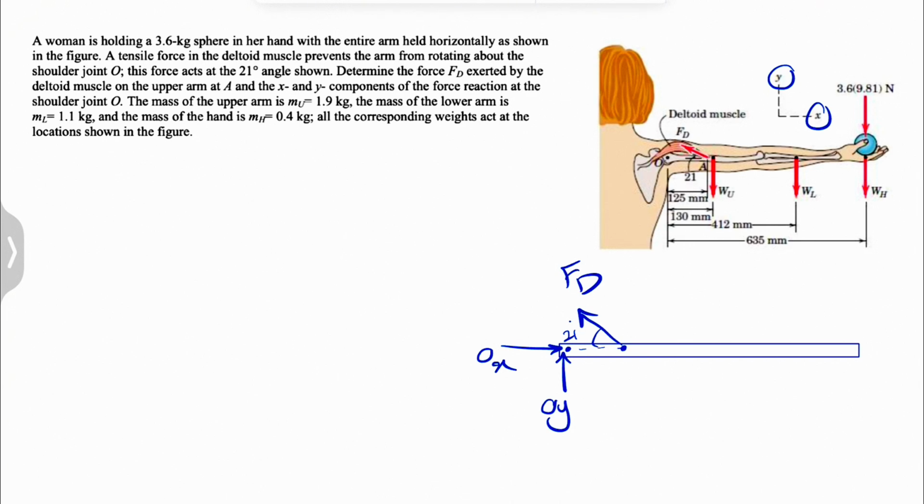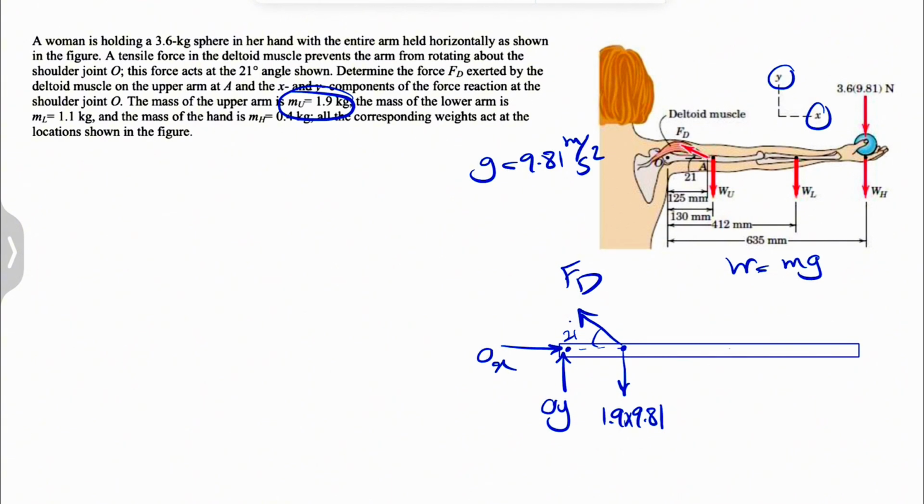We have the weight of the upper arm, and if we get back to the question, the mass is 1.9, and we're going to multiply that by g, since weight is equal to mass times acceleration of gravity. Since we have newtons, our g would be 9.81 meters per second squared.